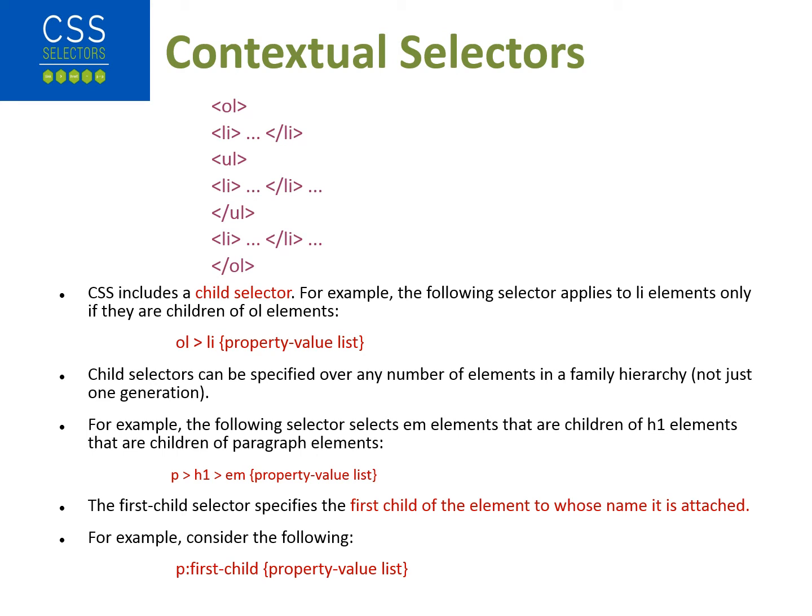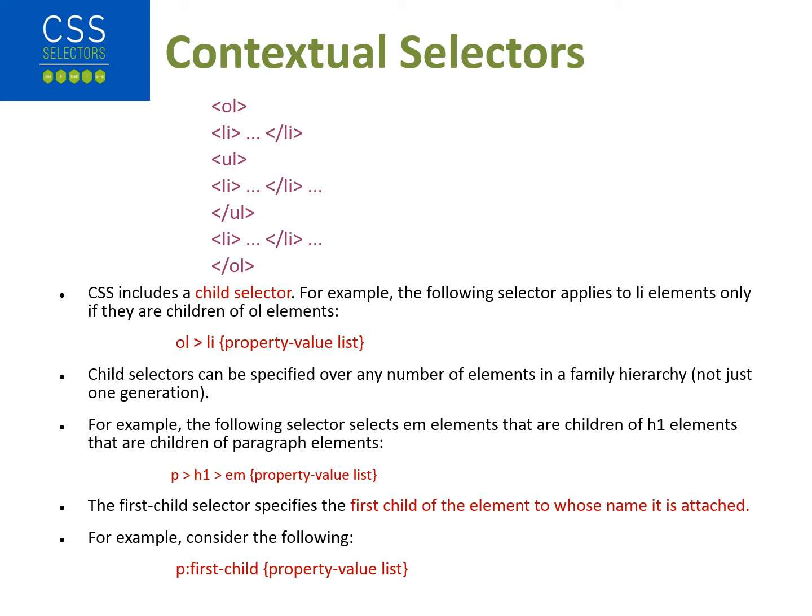So if you are defining a property like this, OL greater than LI, property value list, this property value list should be applicable only for direct children of OL. So for this particular code snippet, it should be applicable for the first LI. Here it is applicable because it is a direct child of the ordered list.